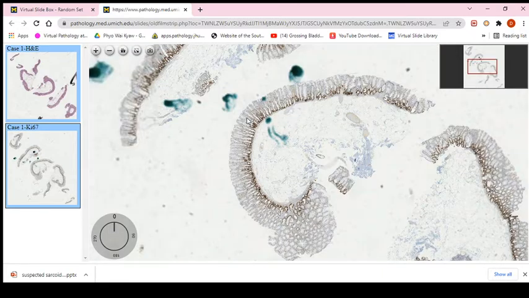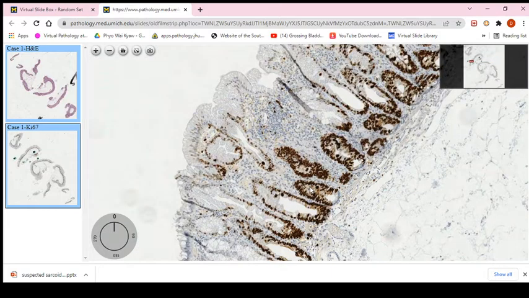Actually, this kind of sessile serrated lesion is very important to recognize, because it is a precursor for subsequent cancer. Thank you very much.